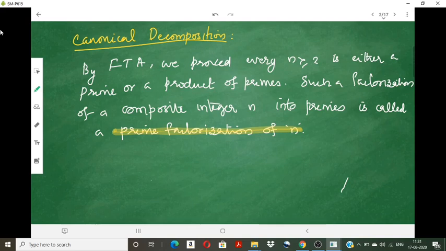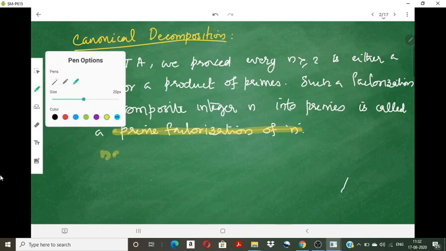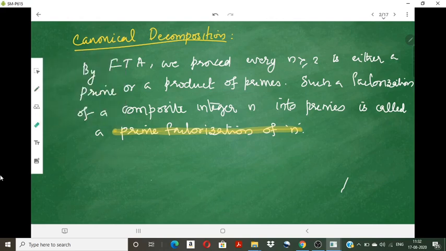If we write this factorization, for example, first we consider some small number. Let n be equal to 60.